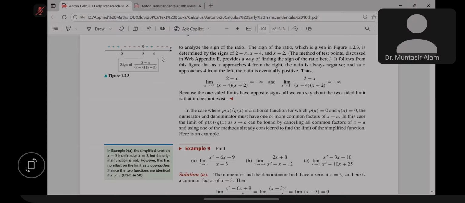Okay. Now, if you replace x equal to 4, what would happen? Sir, undefined. Undefined or math error. That's why on top of 4, there is a void mark. No sign is given here. Okay. And the remaining part is similar.